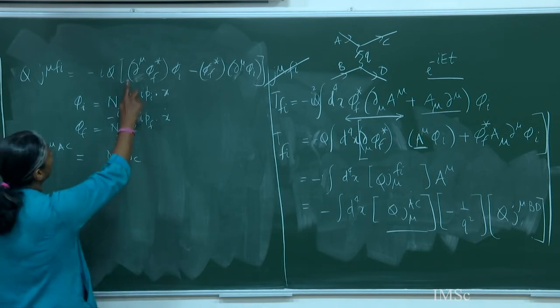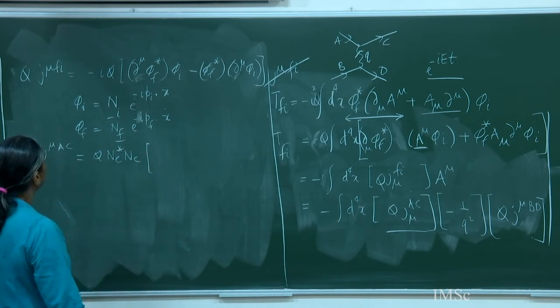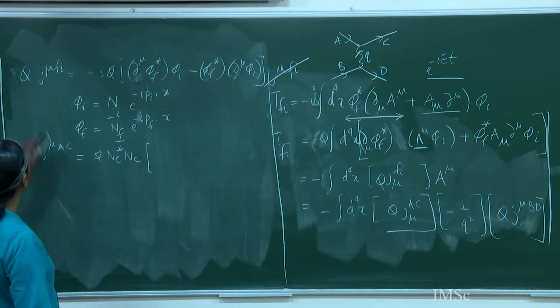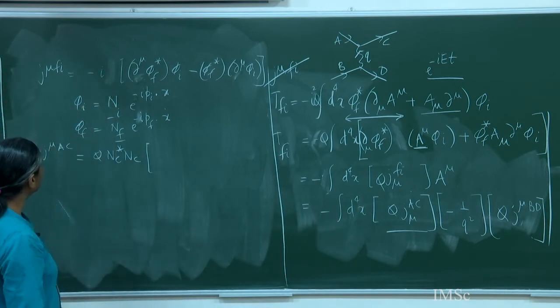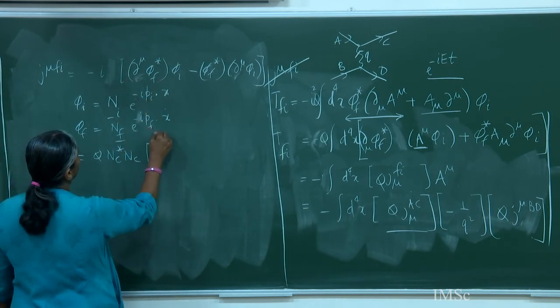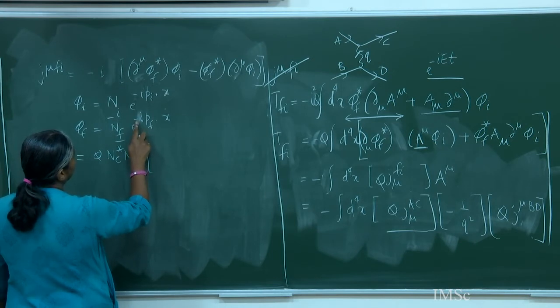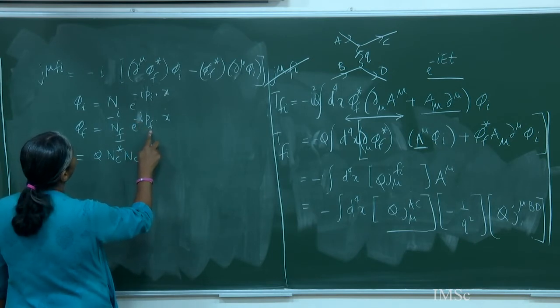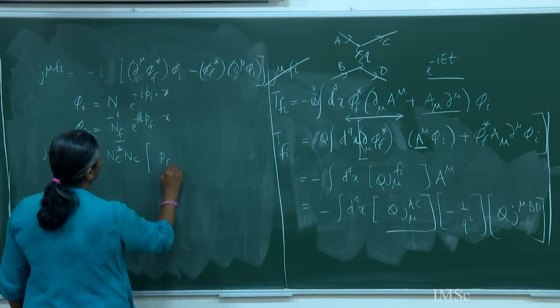So the d mu phi f star, so we have a q. Well, let's not take the q right now, the q is there. We'll just put J mu. So the d mu on phi f star brings down, because phi f star will be plus i, so it will bring down plus i p_f, and plus i times minus i will be 1, so this will just give you p_f.